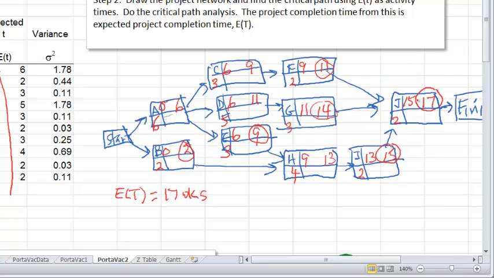So start with the 17, minus 2 is 15, 15 minus 2 is 13, 13 minus 4 is 9, and here we have 15, minus 3 is 12, 15 minus 2 is 13.